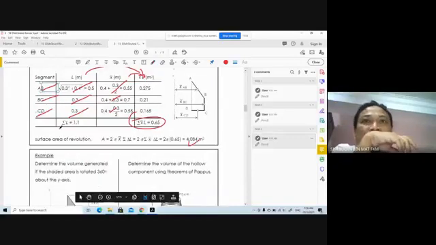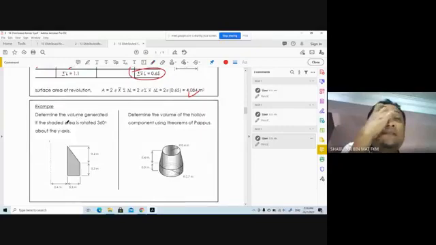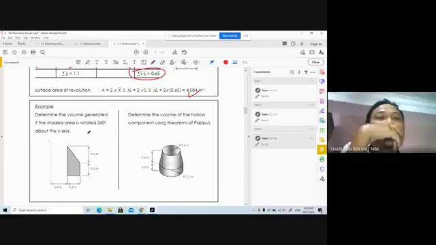Okay, for example for volume. Determine the volume generated if the shaded area is rotated 360 degrees about the y-axis. Y-axis means you need the x bar only. You don't need the y bar.